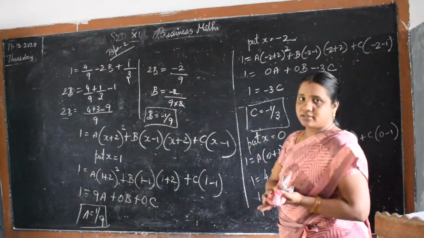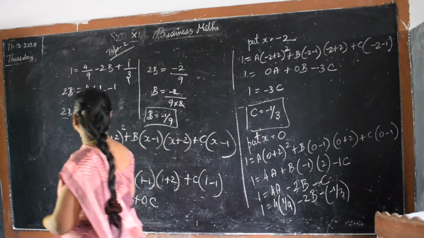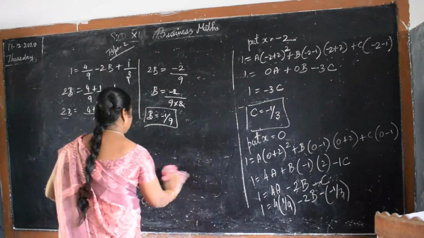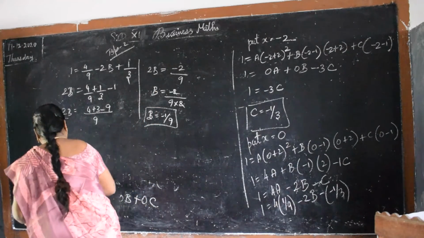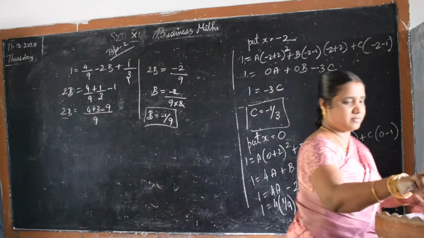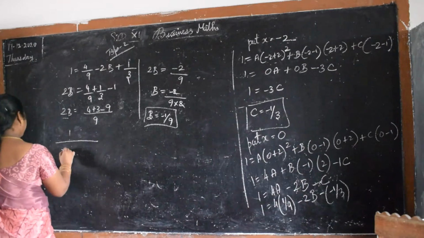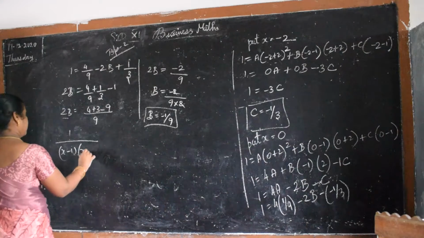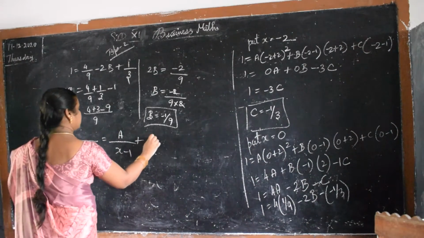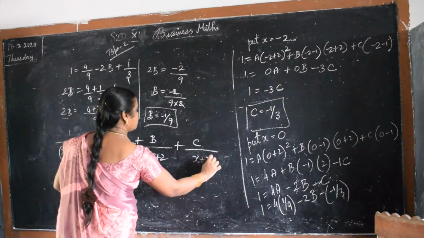Now you substitute here. As usual, question la substitute panna. See? Value of a, b and c. See, what is the question given? 1 by (x minus 1)(x plus 2) whole square is equal to a by x minus 1, b by x plus 2, plus c by (x plus 2) whole square.